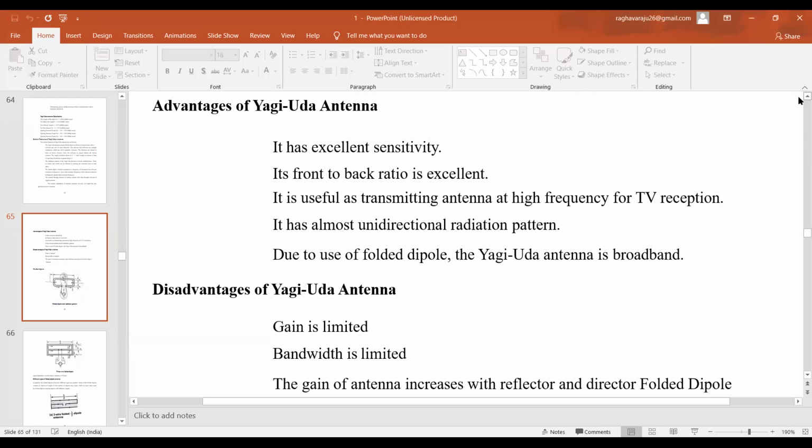It has excellent sensitivity. Its front to back ratio is excellent.